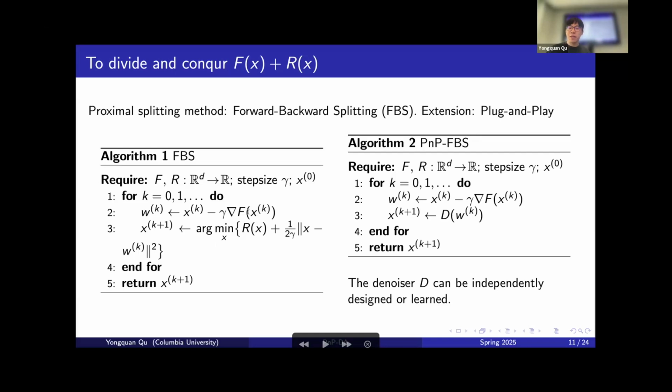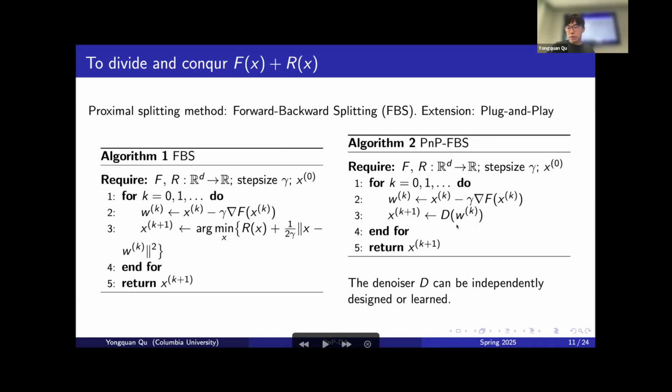Sometimes we don't have this explicit prior, and people extended these proximal splitting methods to the plug-and-play framework, where we replace this proximal step. We know it is essentially a denoising step, so we can use an independently designed denoiser or even a machine-learned denoiser to perform this denoising. So it has nothing to do with the gradient-based updates.